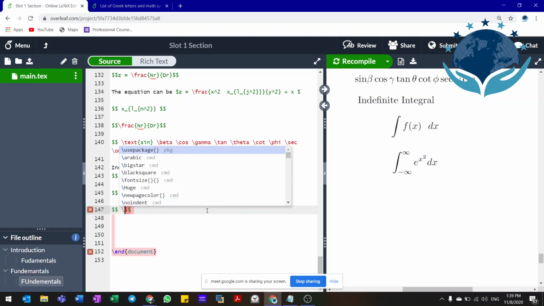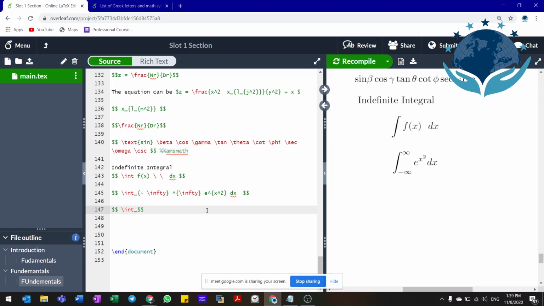You can take int, followed by, in the suffix or lower limit, we have to add D, followed by whatever the case. I'm just taking the e power x square into dx itself. If I use this, I get the domain integral, which is capital D at the lower limit.